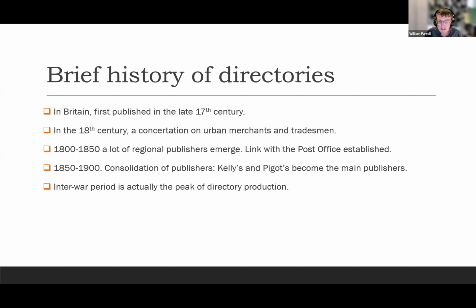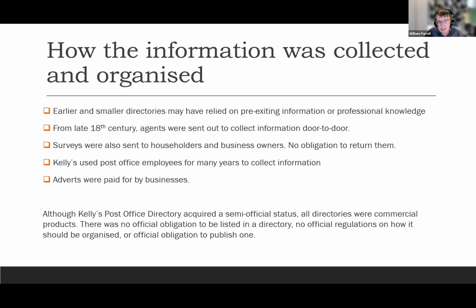Some of the earliest and also some of the smaller directories may have been compiled from pre-existing information someone might have been able to access. It's particularly true in London, where the City of London Corporation was keeping registers of people in particular trades linked with delivery companies, and they probably formed the information that some of the earliest directories used.